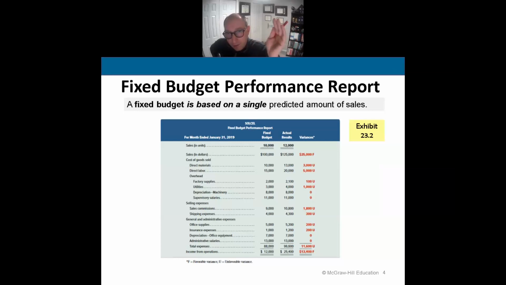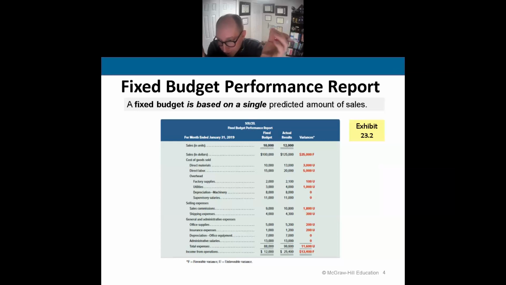So at the end of each accounting period, whether it be a month or a quarter or half a year, you compare the budgeted amount to the actual results. You'll notice differences. We call these differences a variance. A variance is the difference.